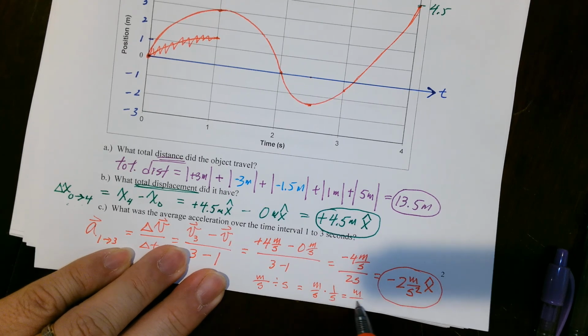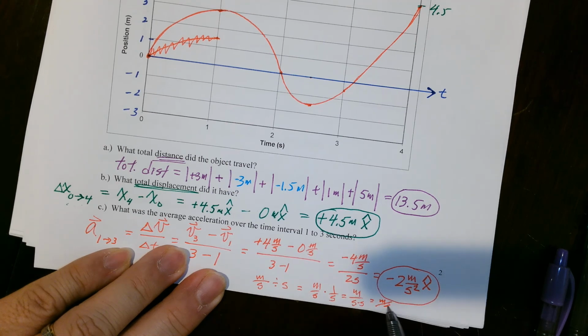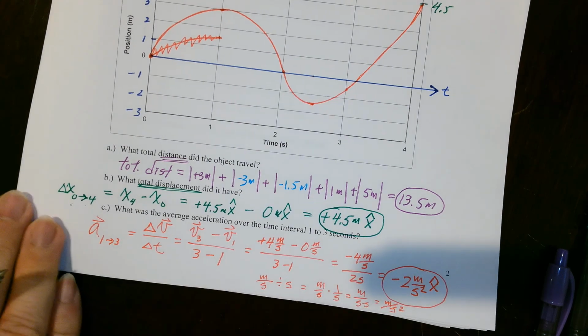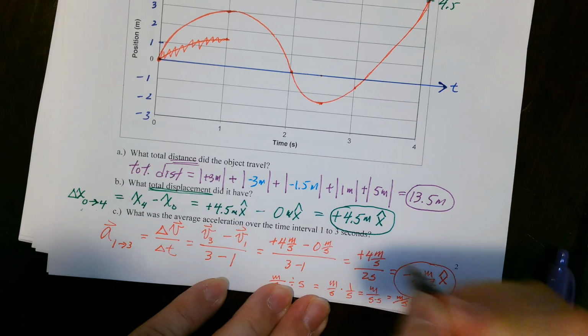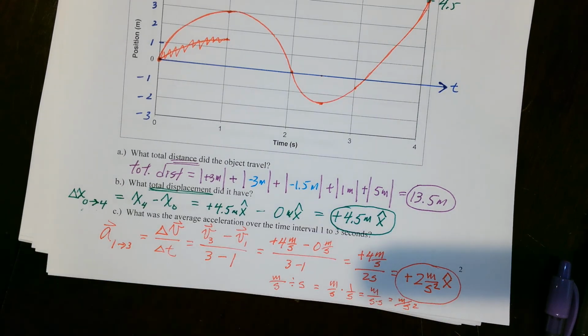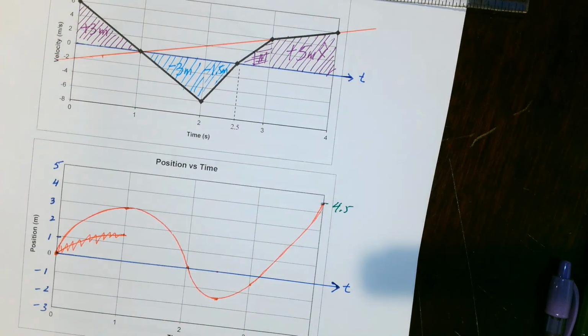Therefore, you get meters per second squared. Little algebra lesson. Oh, isn't it? Sorry. It should be positive. Sorry. Positive 4. It's a positive slope.